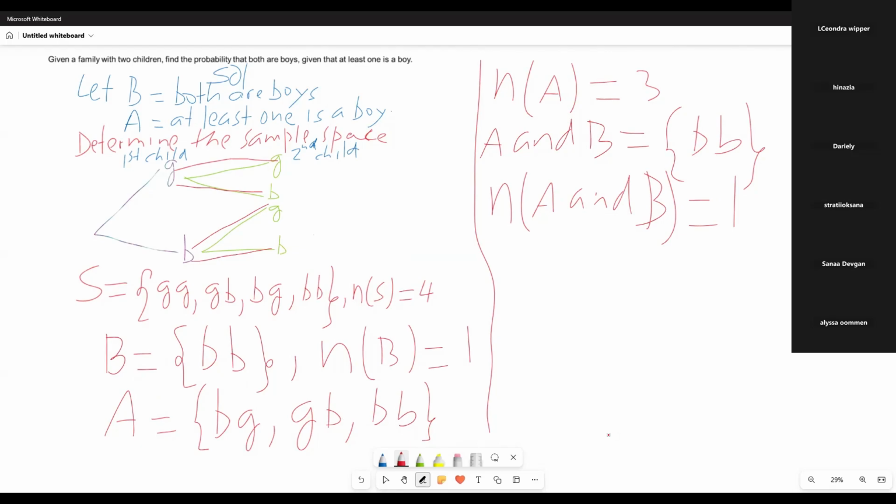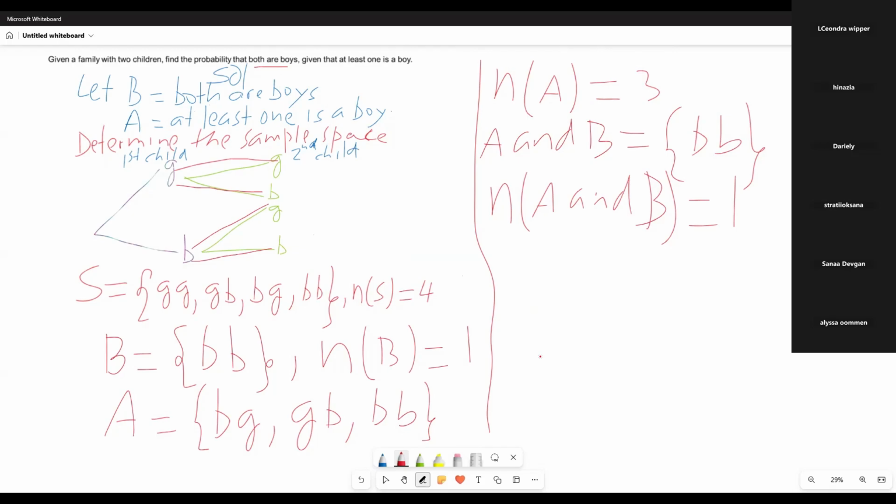Yes. Now, what they ask is to find the probability that both are boys. So remember, we use B for both are boys, and we use A for at least one is a boy.